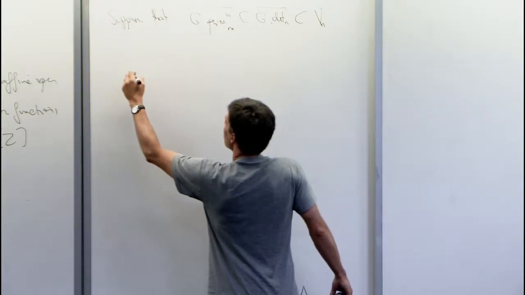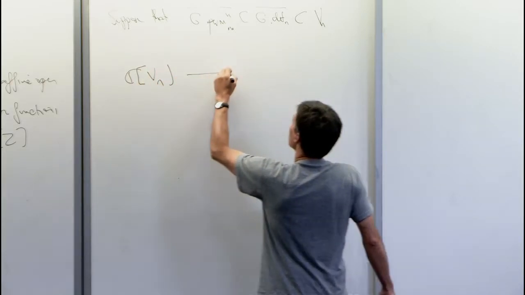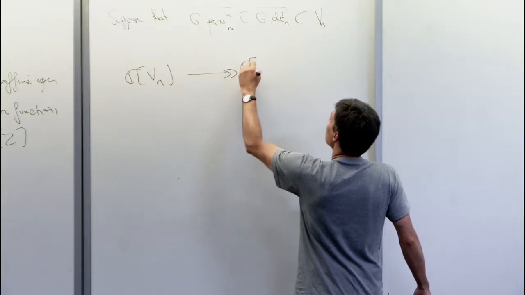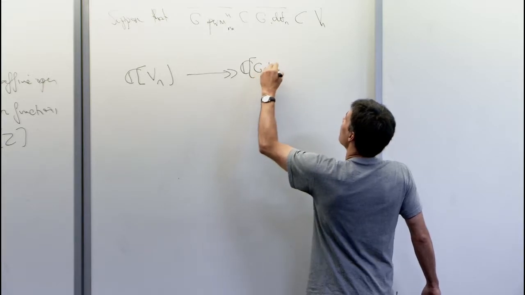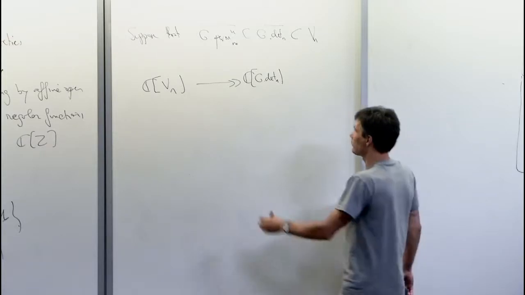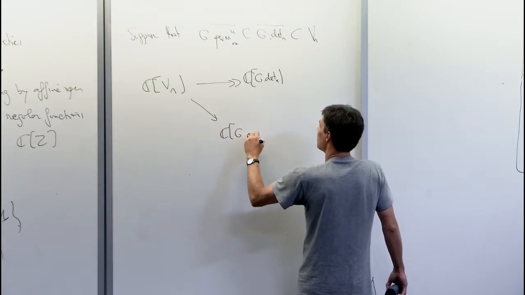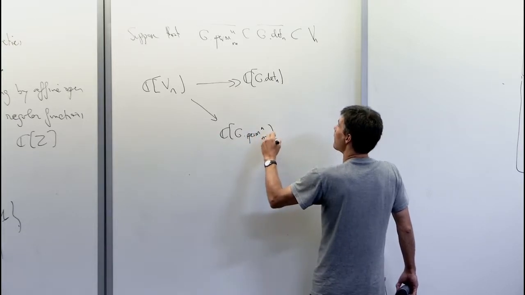Then we have surjective maps. We can look at regular functions on these two orbit closures. This will be surjective. The same for the other one, so that's always true.